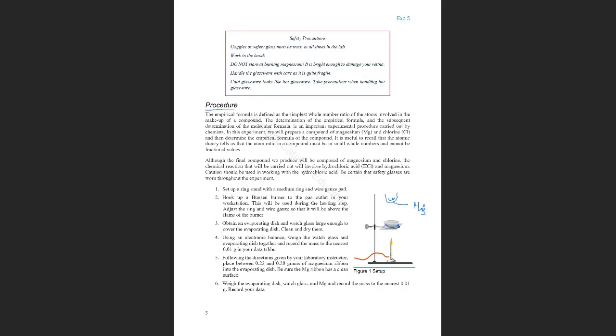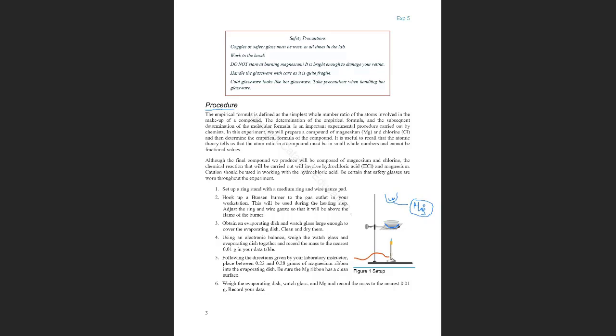And you need the weight of the magnesium, because you are going to need that information to calculate the empirical formula. Because you are not doing it, you are going to be given that information. So first, the experiment is weighing the empty watch glass and the evaporating dish. Then you add the magnesium, you weigh again, and you calculate the weight of magnesium.